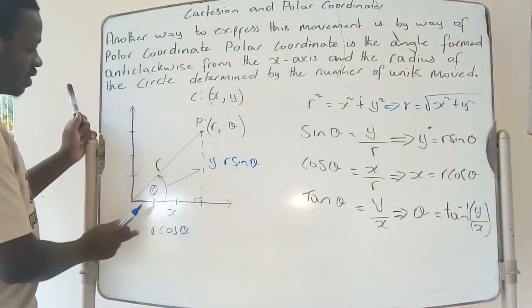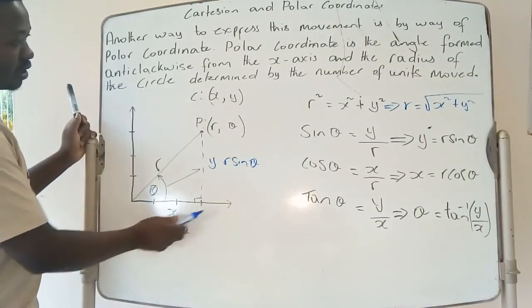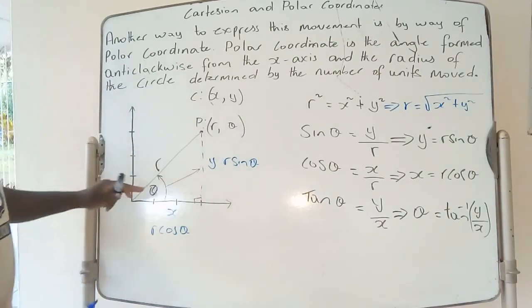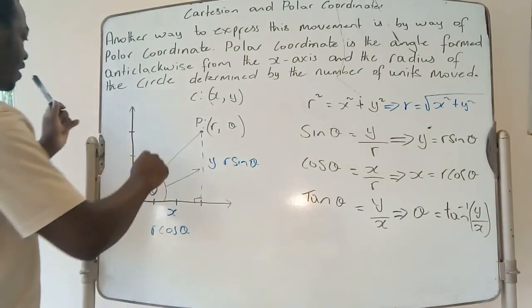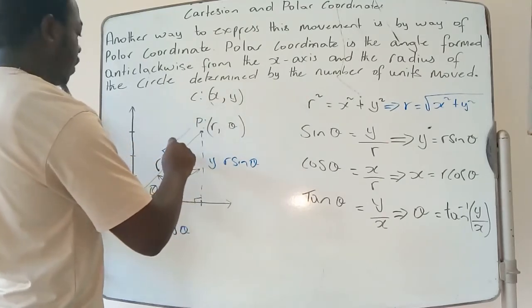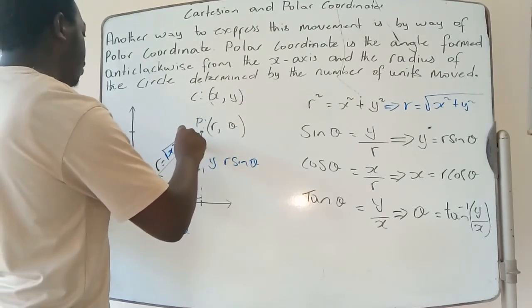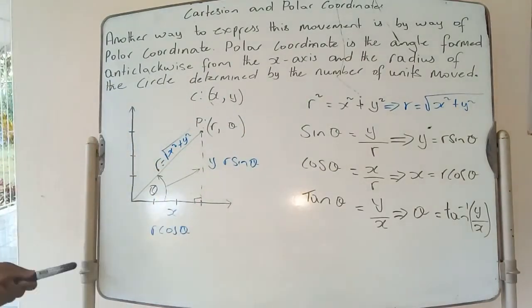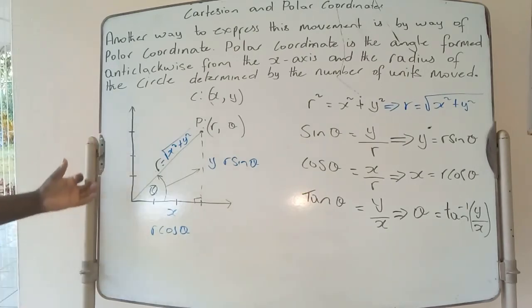Because we know that x is equal to r cos theta, and we know that y is equal to r sine theta. We also know that r is equal to the square root of x squared plus y squared. These are all the relationships that we can discover from this diagram.